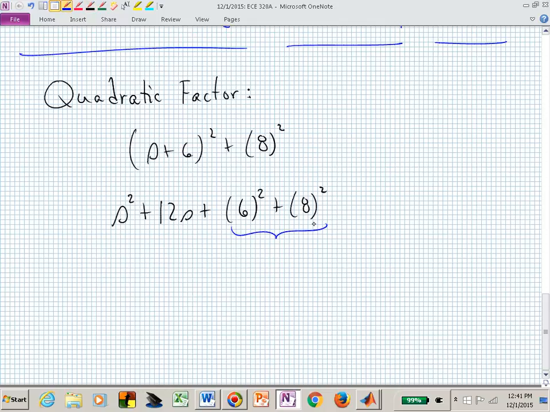That's a 3, 4, 5 triangle, which says that this is actually 10 squared in terms of value. 6 squared is 36, plus 8 squared is 64, and that gives us 100, or 10 squared.